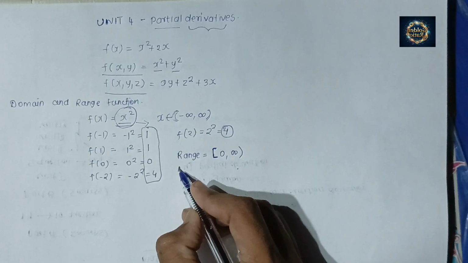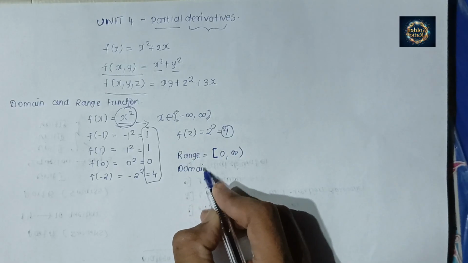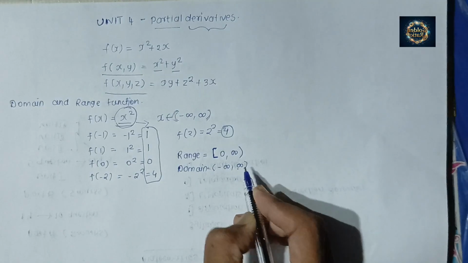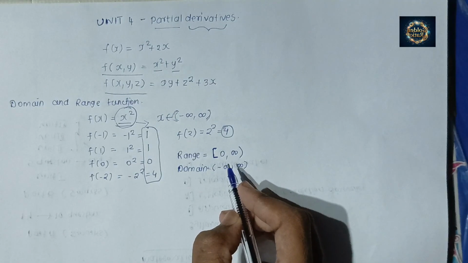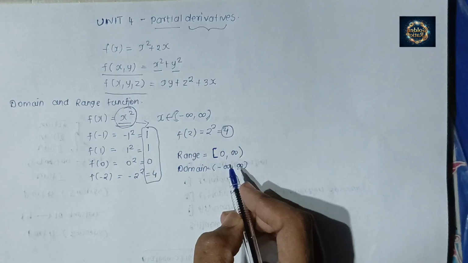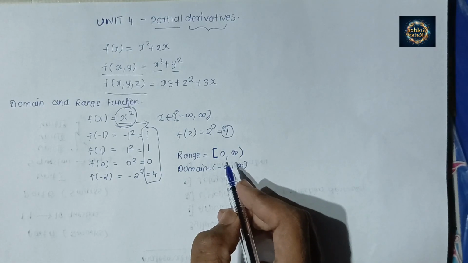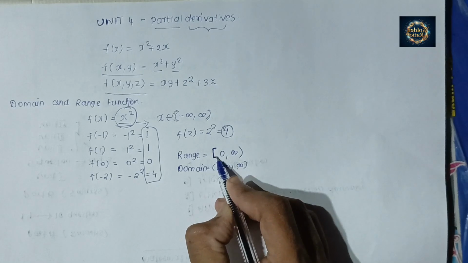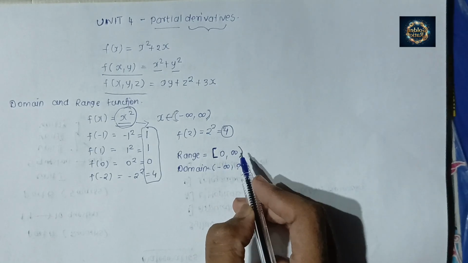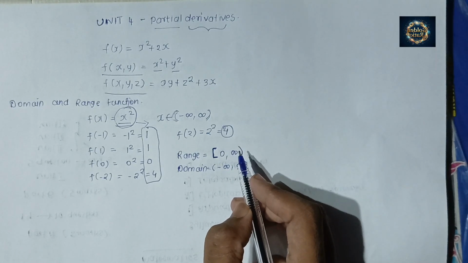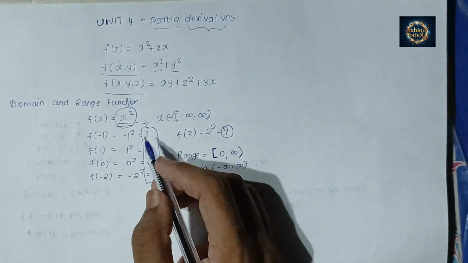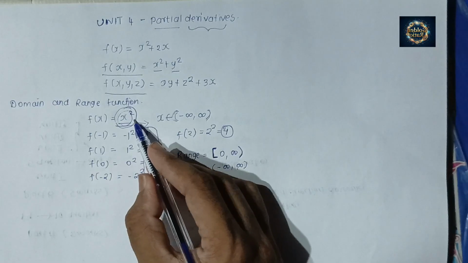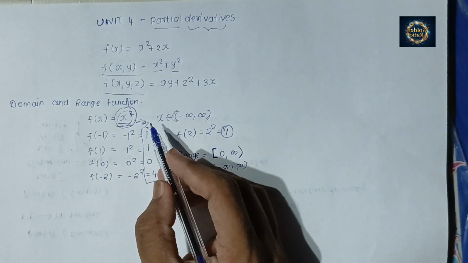The domain I can write as minus infinity to infinity. x can take any value, rational, irrational, any real number, but the output, or the range, is always a positive number, which is 0 or greater than 0. Generally we define the domain as all possible numbers that we can assign to a given function, and the range as all possible outputs.